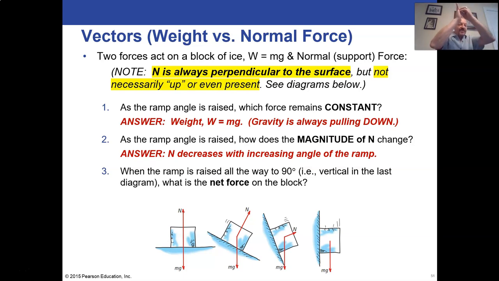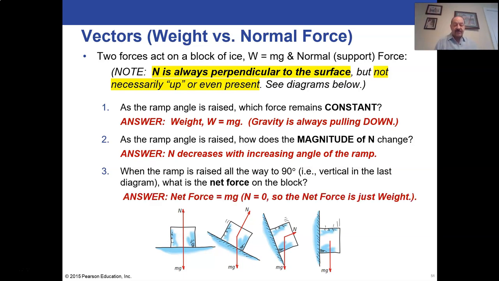And that's why things just fall when they're either just sitting up against a wall or sitting all by themselves in space. In the air, they'll just drop. So the normal force is 0 in that case. So when the ramp is raised all the way to 90 degrees, I just said this, the net force is just the weight force, mg. The normal force is nothing by that time.